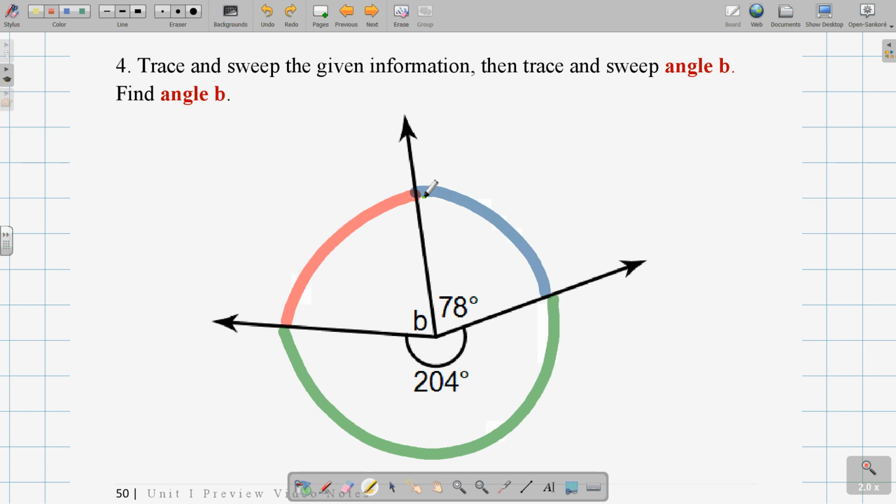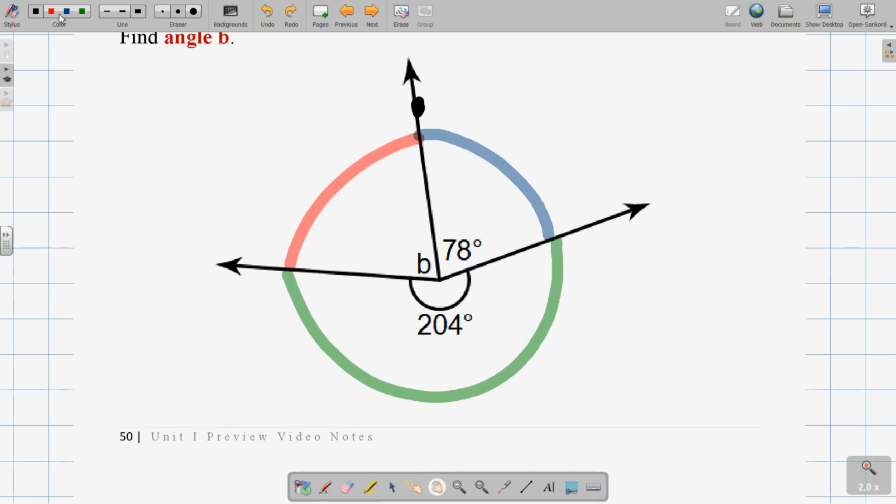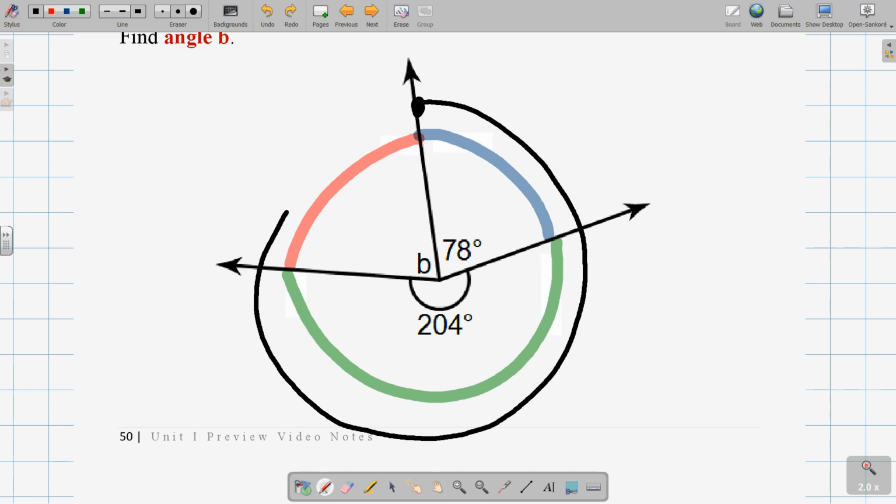Using red, I'd like you to sweep angle B. Switch to black. Do this. Physically trace all the way around.